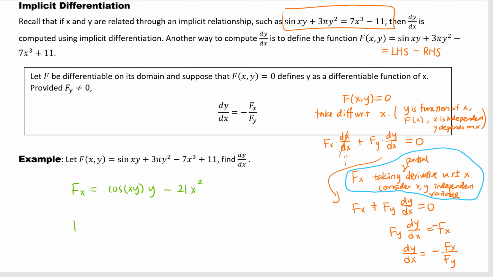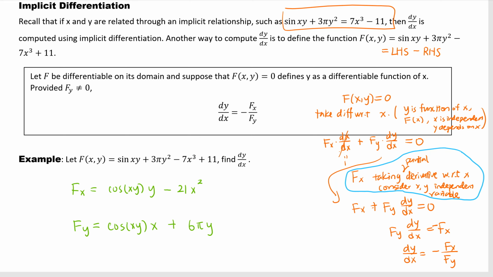How about fy? The derivative of sine is cosine xy, and by the chain rule the derivative of xy with respect to y is x, since the derivative of y is 1. Then 2 times 3 is 6 pi y. The derivative of the constant terms is 0.